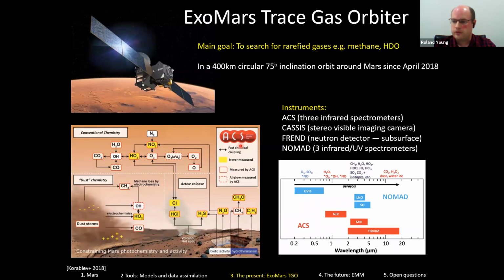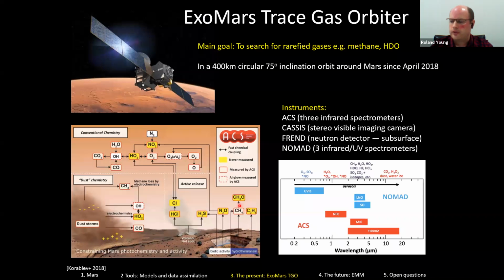And its main goal is to search for very rarefied gases. In particular, it was designed to look for methane, because methane, if it exists, is a possible biosignature. Depending on what other molecules are found with methane, it may indicate a biological origin. So you can see here, down here on the left, some of these potential photochemical pathways that might occur in the Martian atmosphere, and what other quantities you might expect to find.